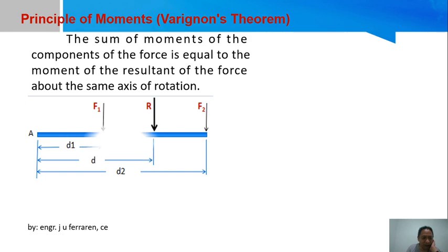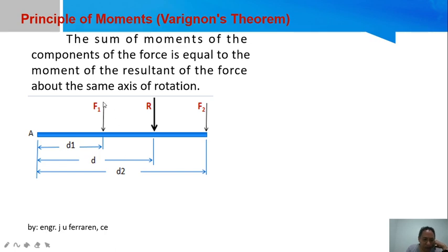This is the figure. If I take moment about A, your arm has a distance of D to A, so it can produce a moment. If R is the resultant of F1 and F2, then the moment produced by R, which is R times D, is equal to the sum of moments produced by F1 and F2.